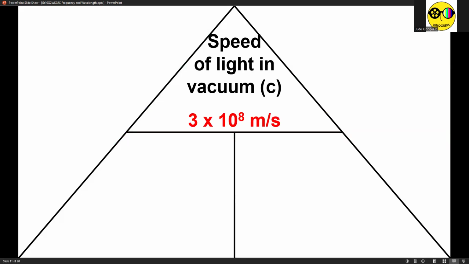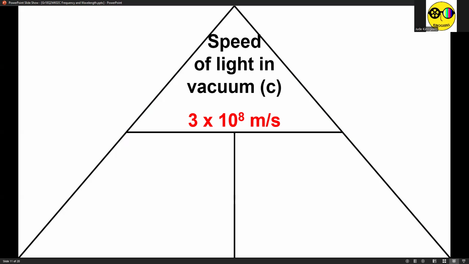At the top is the speed of light in vacuum, represented by the symbol small letter c, which is a constant 3 times 10 raised to the power of 8 meters per second. One of the properties of electromagnetic waves is that they can travel with and without any media, and it is at its fastest when in vacuum.